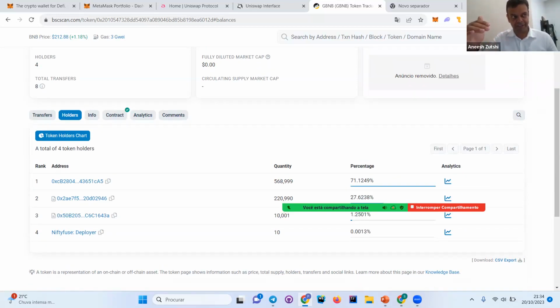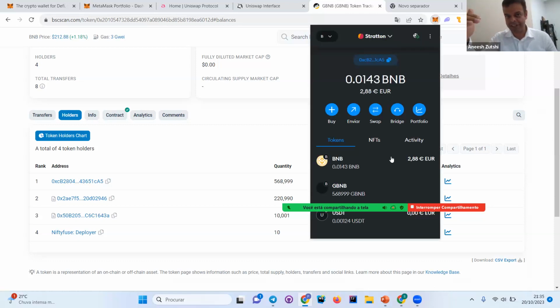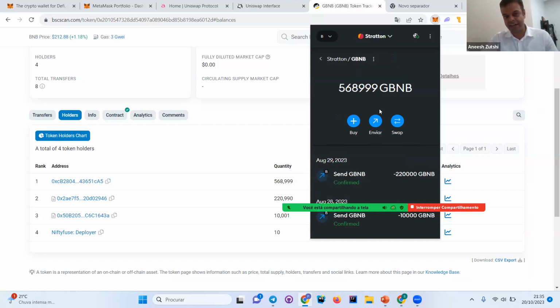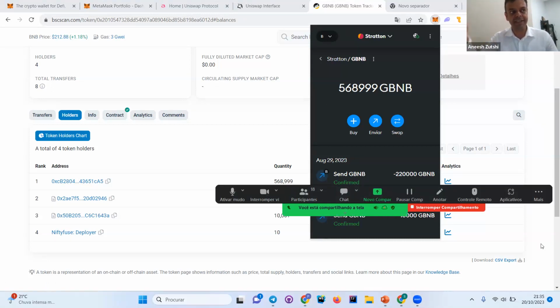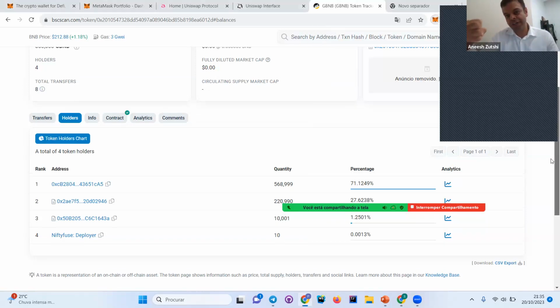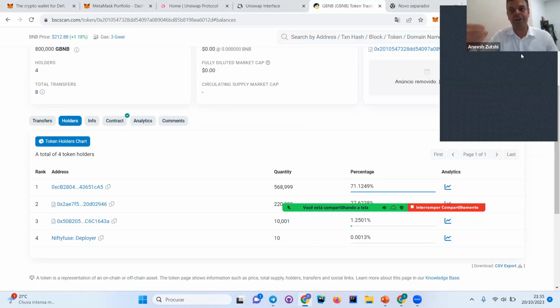Let me give a clarification here. Like we explained earlier, first there was Bitcoin, then we spoke about Ethereum. Now there are several such chains existing: Ethereum, Matic, which is a side chain of Ethereum, Binance Smart Chain, Solana. There are many different blockchains, and each blockchain has its own native token. That's the currency of the creators of that chain, the token used to pay the fees for all transactions.